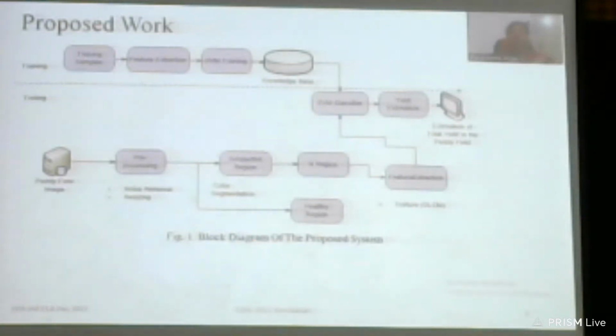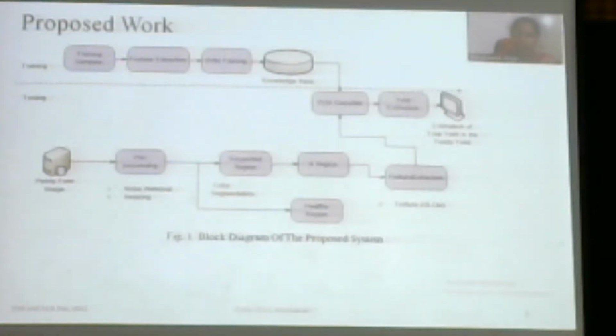In hierarchical color segmentation, as it is a huge, big image, it is not possible to process it at once. So the image is divided into blocks, and those blocks are transferred for color segmentation.